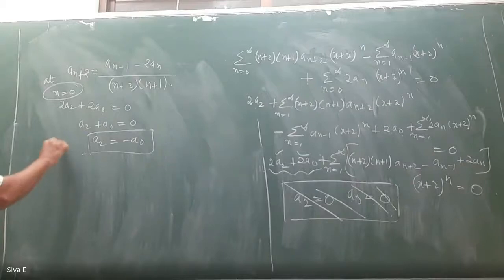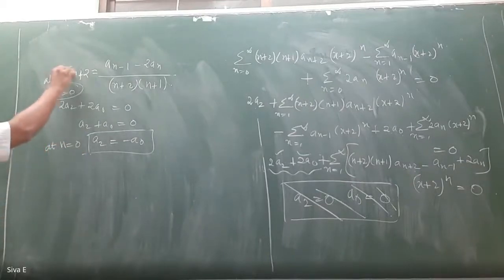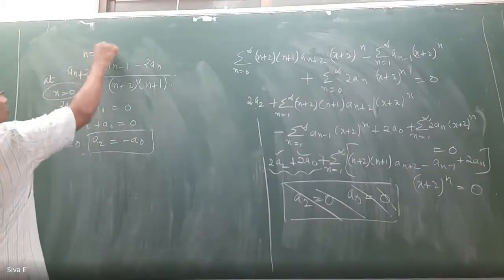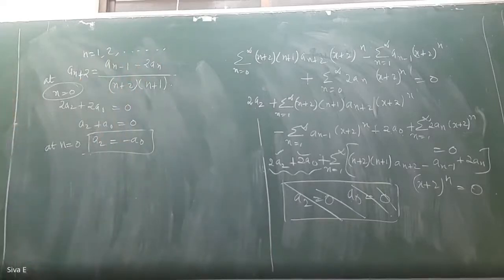It is at n equal to 0. It is that value for n equal to 1, 2, 3, etc., up to infinity. At n equal to 0 we get a2 equal to minus a0, and an plus 2 equal to an minus 1 minus 2an by n plus 2 into n plus 1.